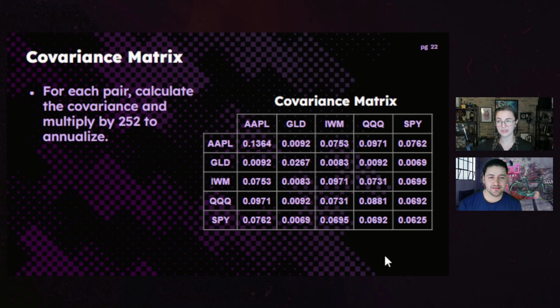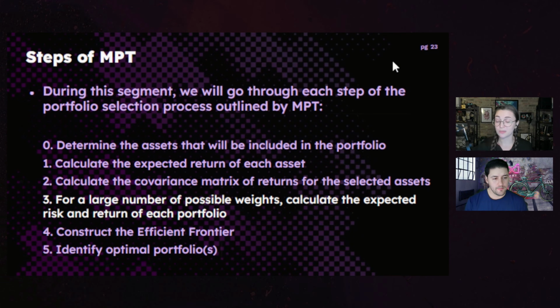The goal of this is not for you to take these concepts and go do them yourselves, although I'd like these to be in a spreadsheet someday, but at least to get an idea of some of the background processes that might be happening with some quantitative analysis. In this formalism, step 1 is to calculate our expected return. Step 2, calculate the covariance matrix for the returns of the selected assets.